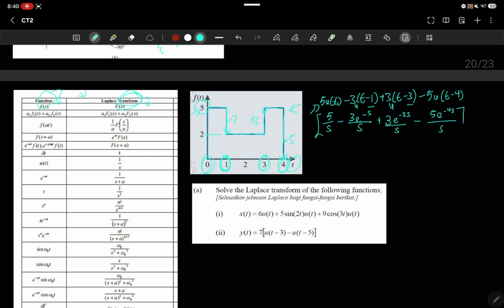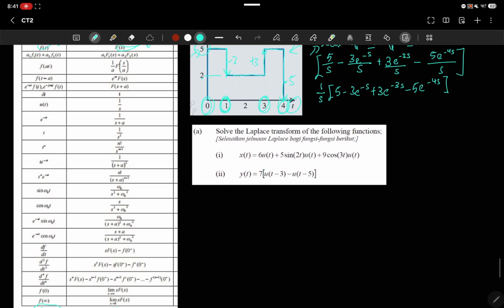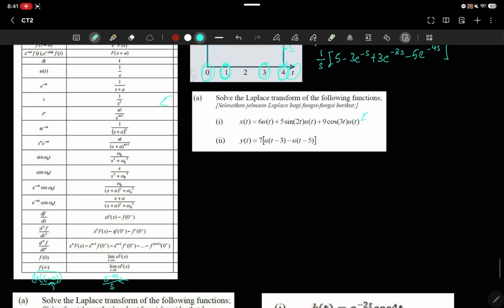Now this particular function could be extracted into 1 over s, then you can write the balance in normal notation. Okay, now it's completed. Now we have this Laplace transform stuff: they will give it in the time domain, then we need to settle it referring to the table. So let us do one by one.